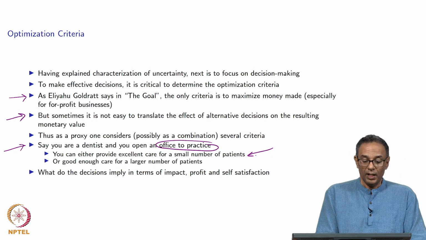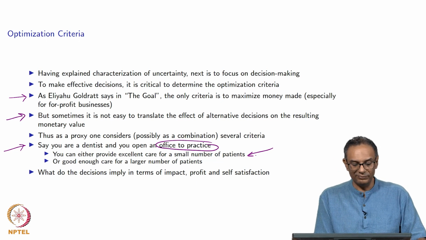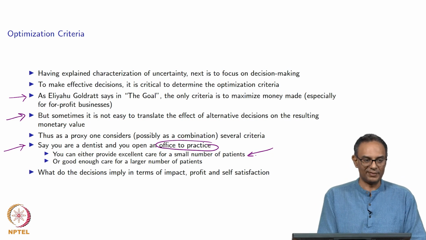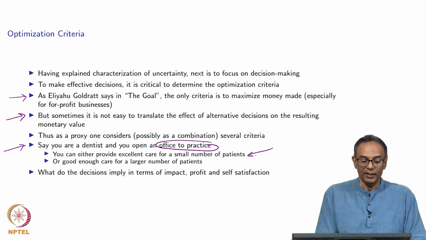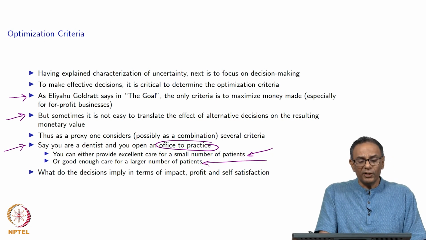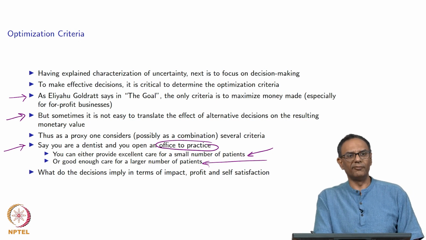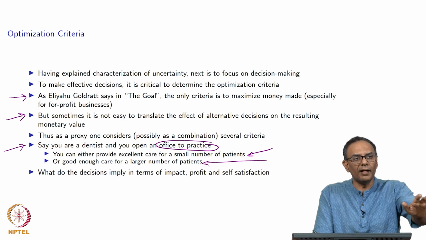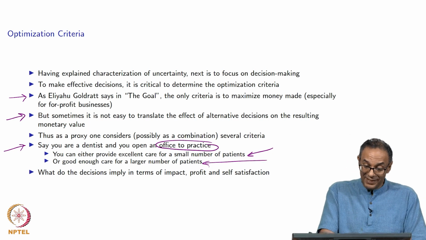On the other hand, there are a gazillion people outside who are dying to have you as their dentist, but you're not available to them. Now your alternative option is to provide good enough care for a large number of patients. That means I'm not providing phenomenal care, but I'm providing good enough, something that would pass any test, but it's not phenomenal. So that's your choice.